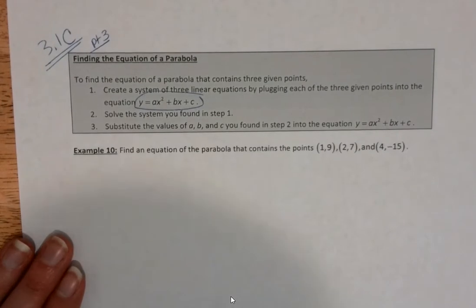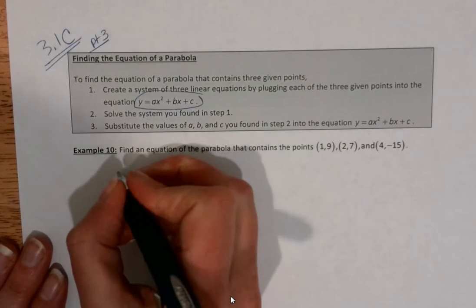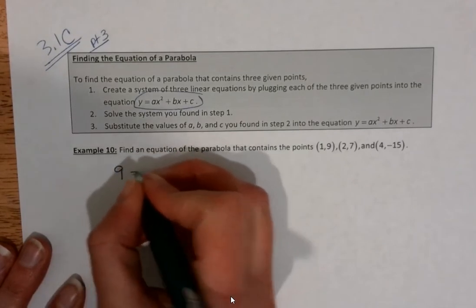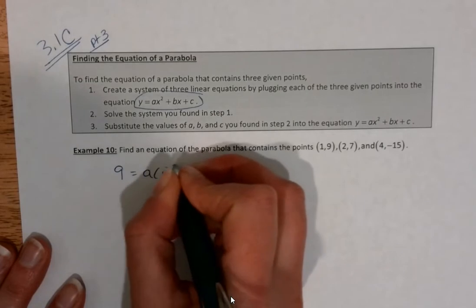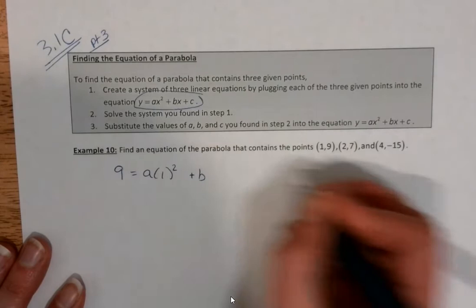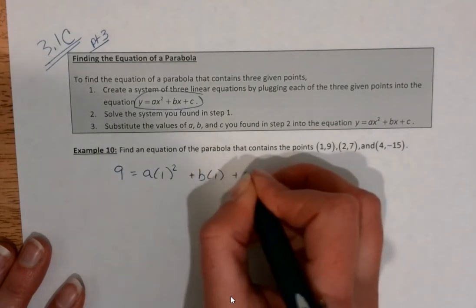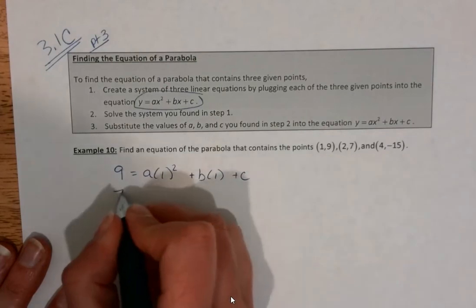Give it a try. Okay, so the first equation, the y is 9, equals a times the x is 1, so 1 squared, plus b times the x is 1, plus c. The second ordered pair has a y value of 7.